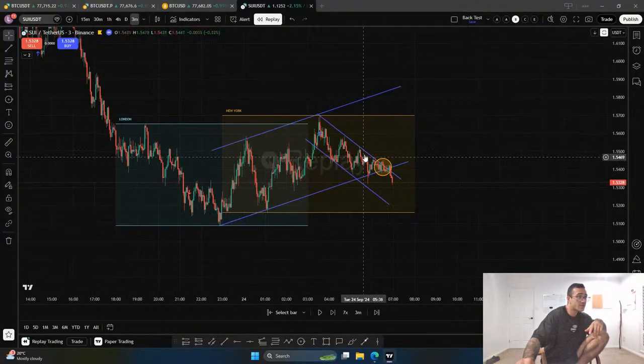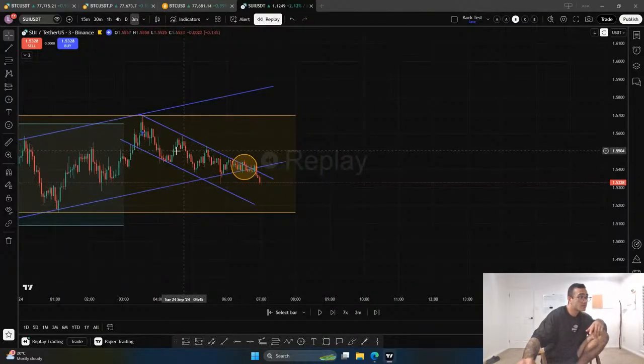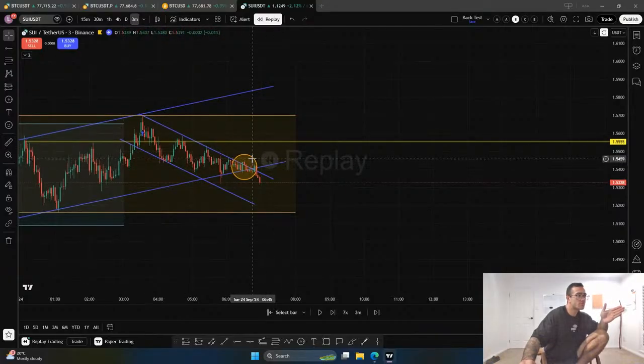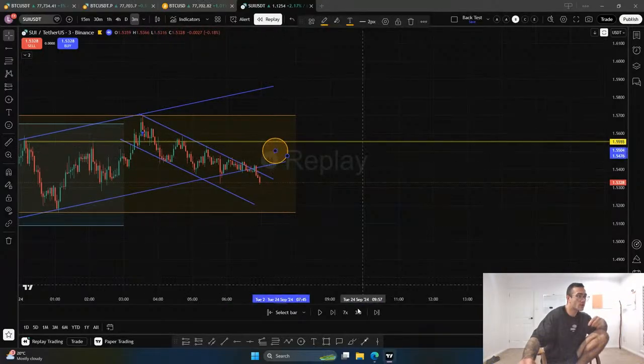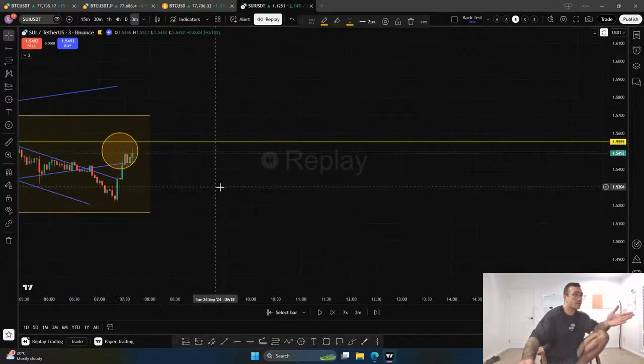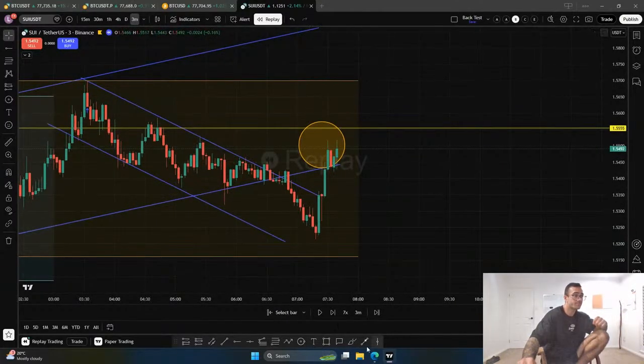What this is also telling me is that we're going to come back up here. Well, we may not, but we could potentially respect this zone before making a move downwards. Perfect. What I'm now looking for is a sell position.